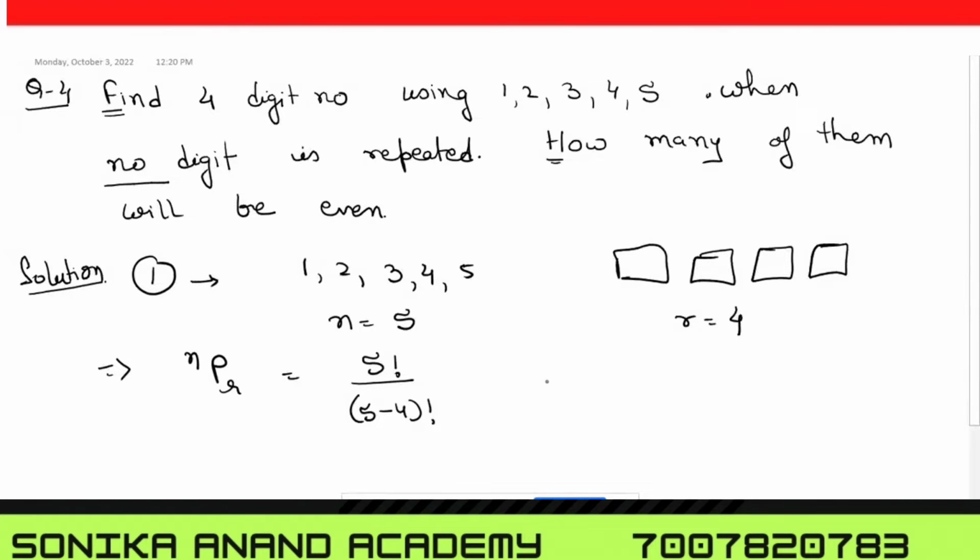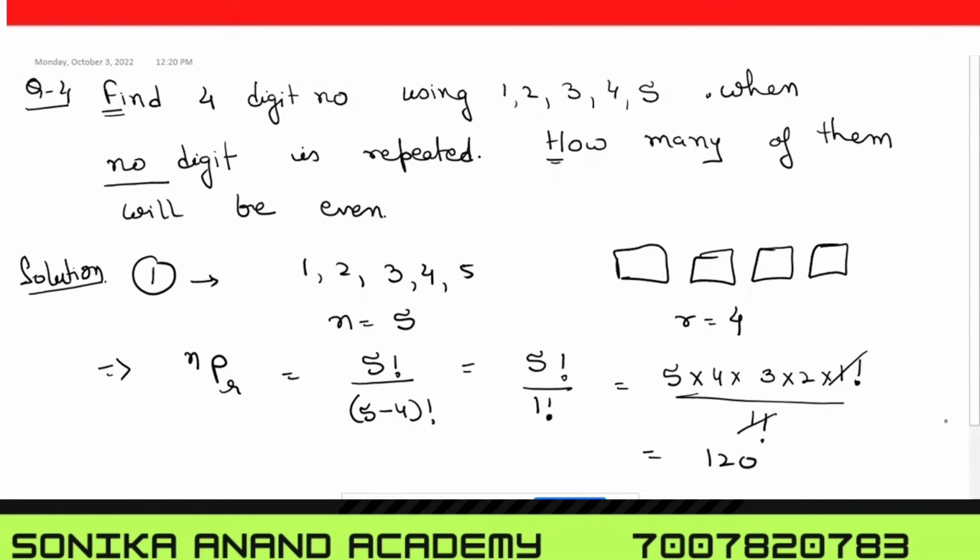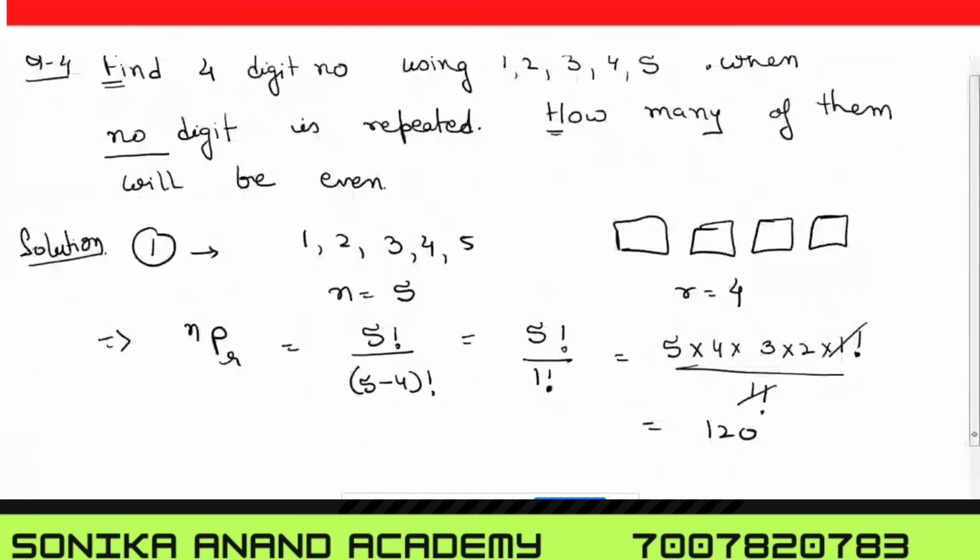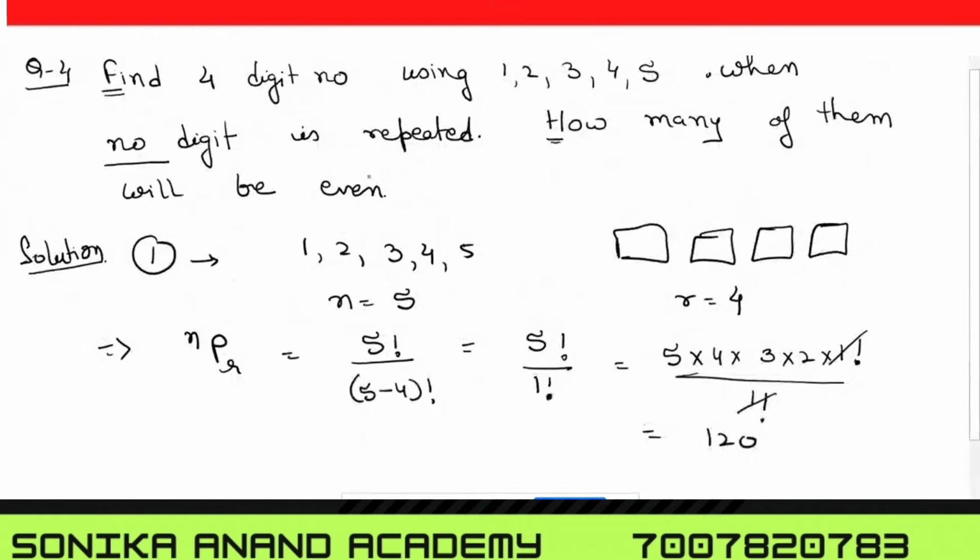Tell me the answer. Here we have only factorial 120 by 1, because the last factorial 1 is cut down by this. Clear? Now see how many of them will be even.